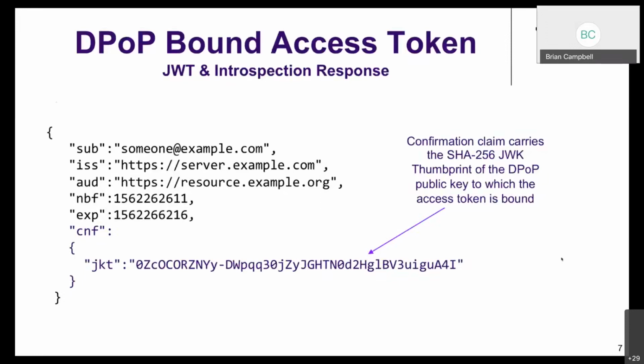But we've concentrated on defining the cnf claim here because JWTs and introspection are the semi-standardized ways of conveying this information. But it doesn't have to be done this way if there's some other proprietary mechanism between the RS and AS.